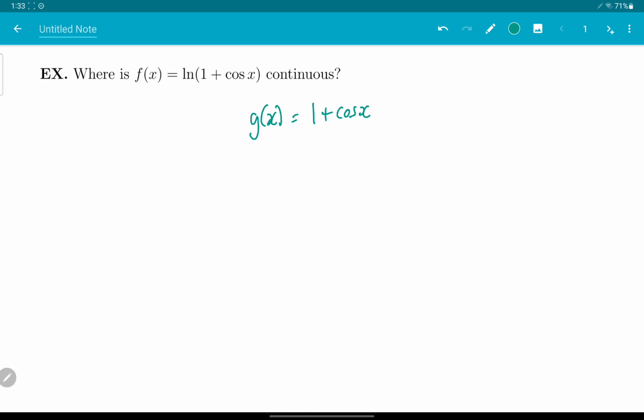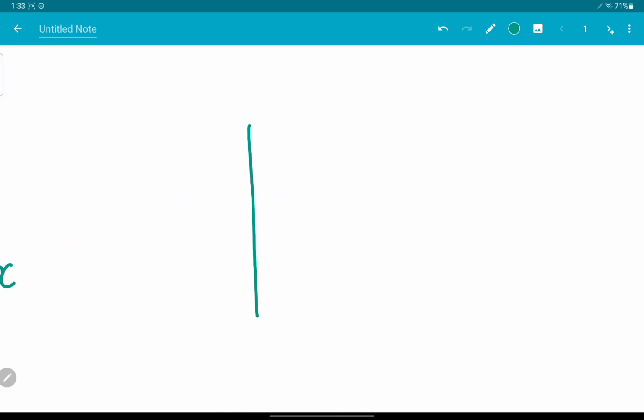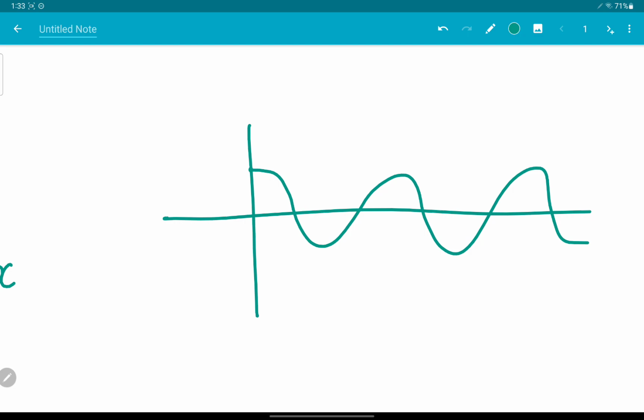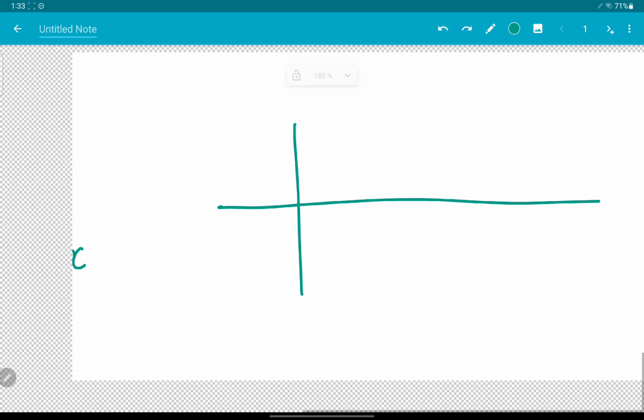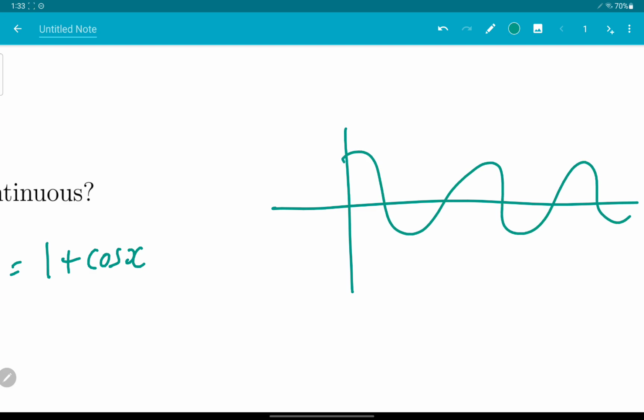Now you should memorize what cosine looks like. So cosine would usually look like this, right? But we have this plus 1 here. So we're going to take our basic cosine, and we're going to move it up by 1. That's this plus 1 here.